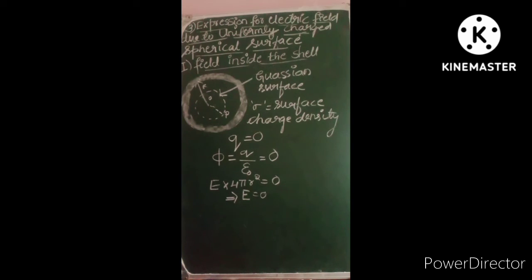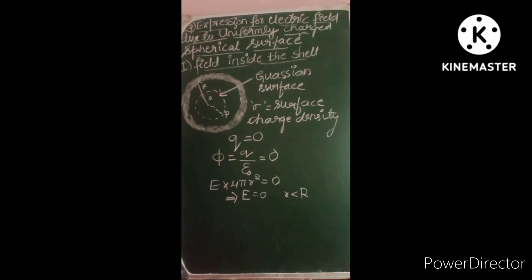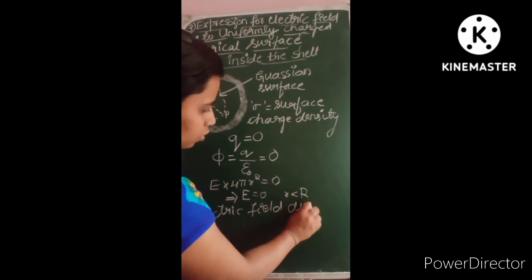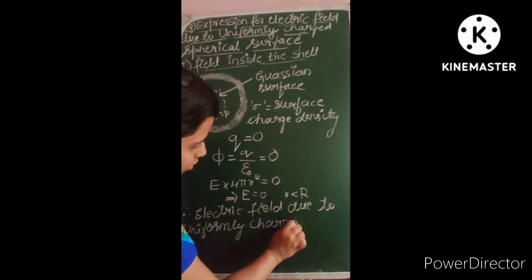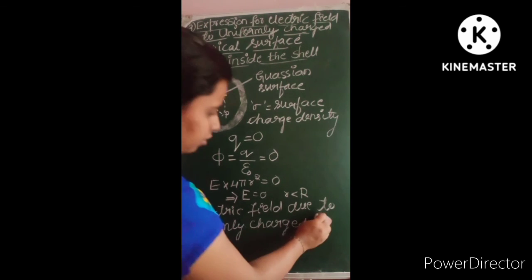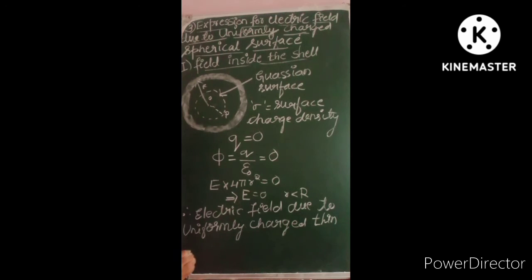E equal to 0 only when the value of r is less than R. Therefore, we can say that the electric field due to uniformly charged thin shell is 0.